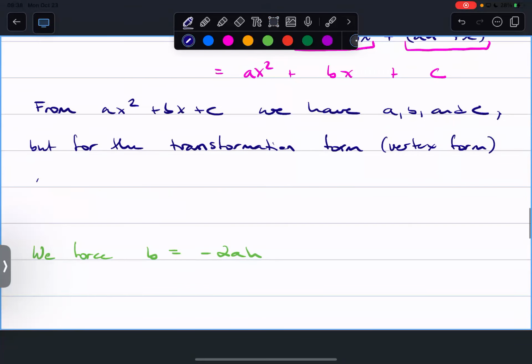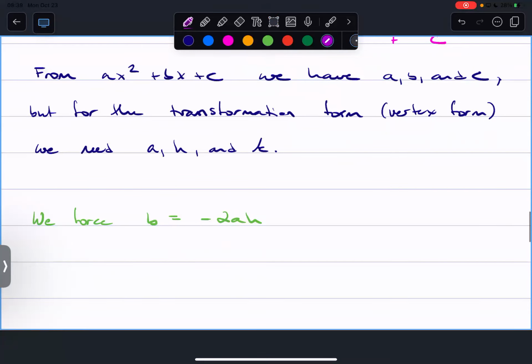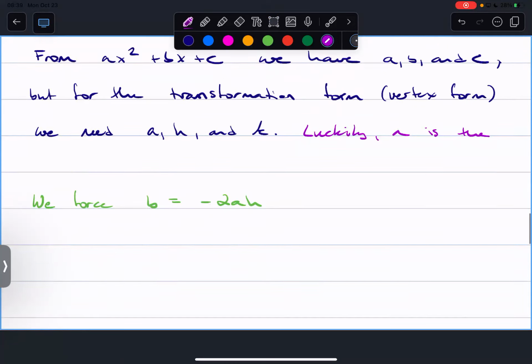We need A, H, and K. Luckily, A is the same in both forms.